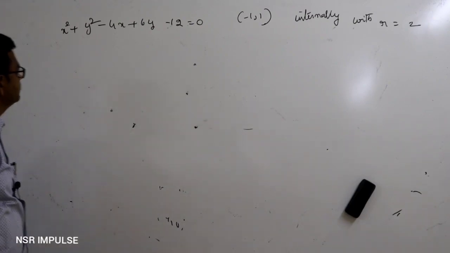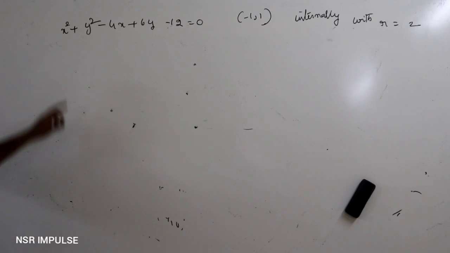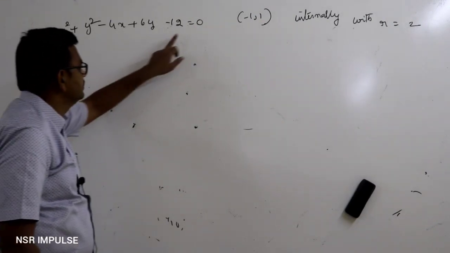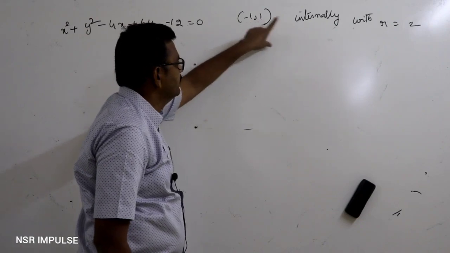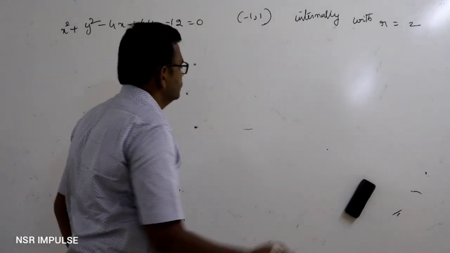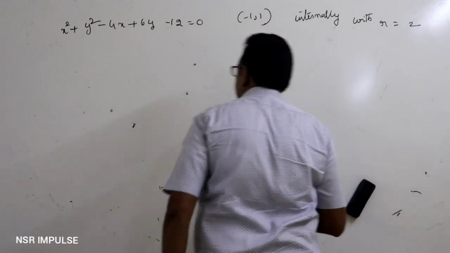Find the equation of circle which touches the given circle internally at the point minus 1 comma 1 with the radius 2.